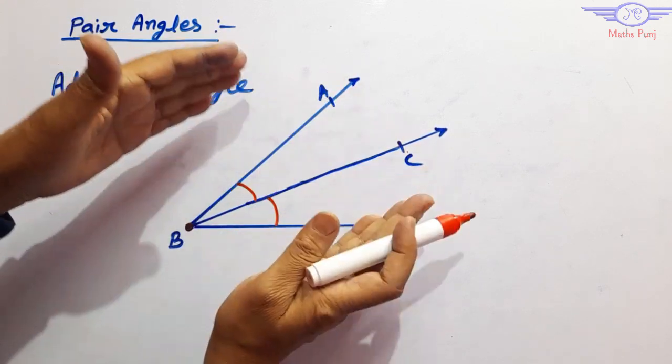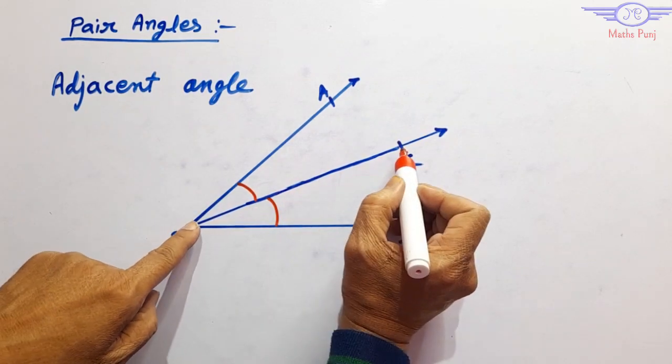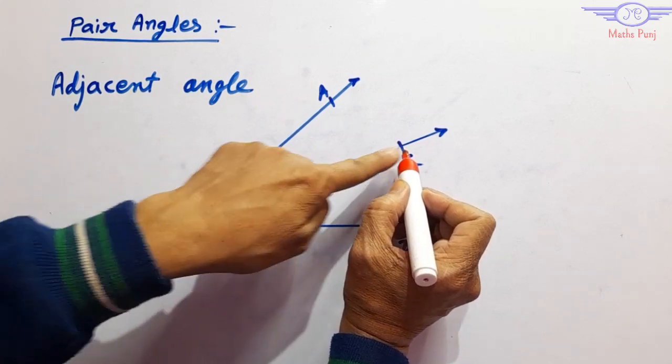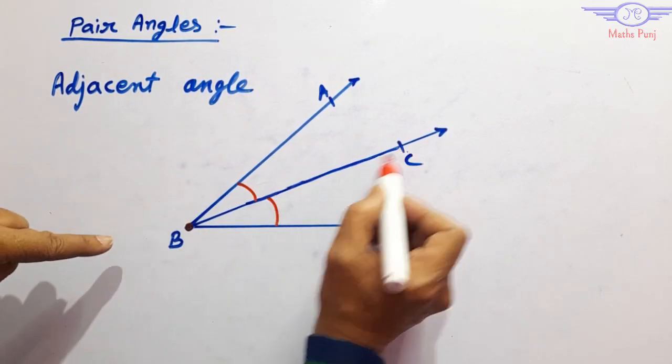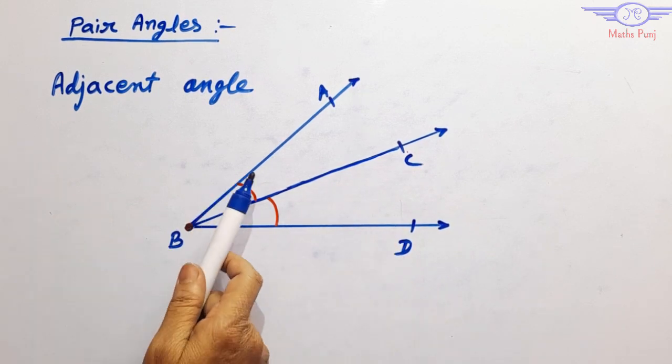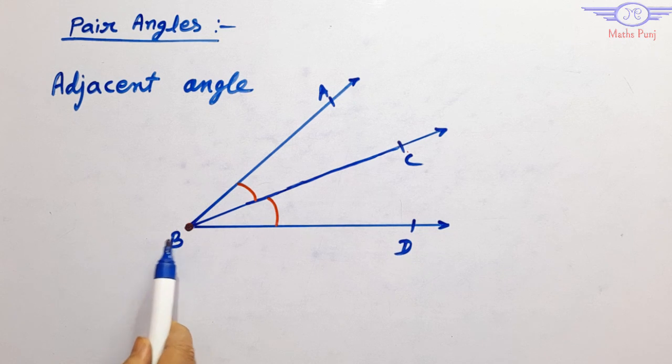Also these two angles have a common arm: arm BC is formed for the angle ABC and also for the angle CBT. So when two angles have a common arm and a common vertex, they are known as adjacent angles.